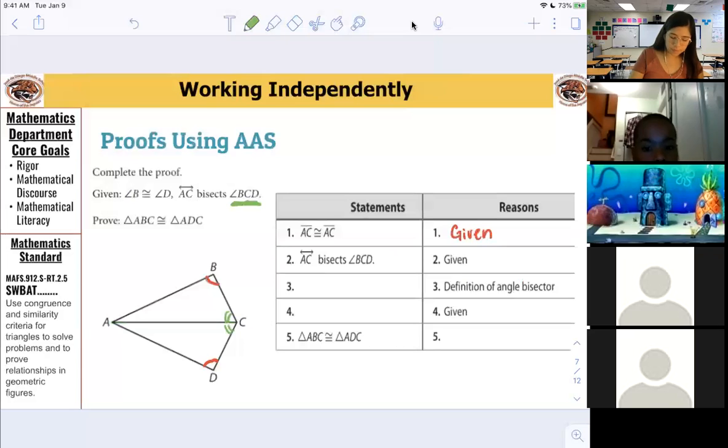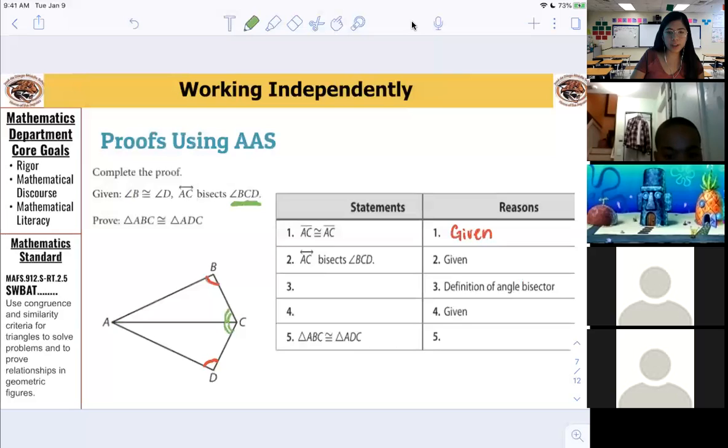AC. This is the definition of an angle bisector. Yes. So what did I just highlight on my diagram? Angles B, C, and D. That's what you highlighted, but that's not the answer.